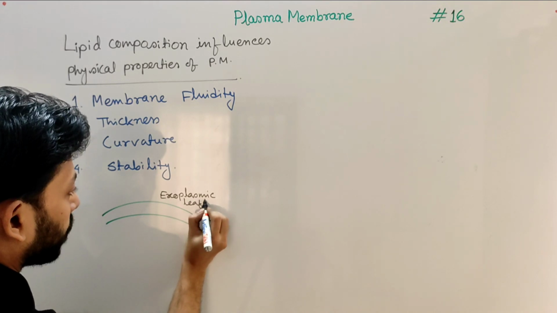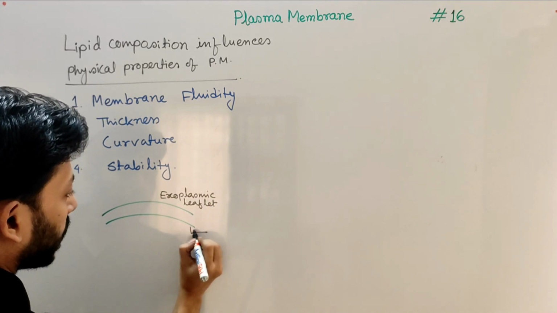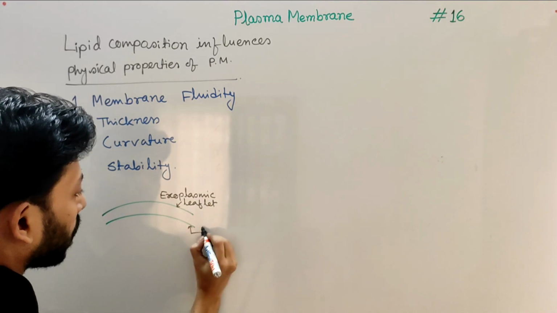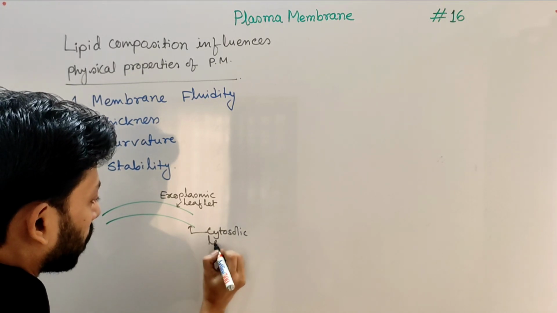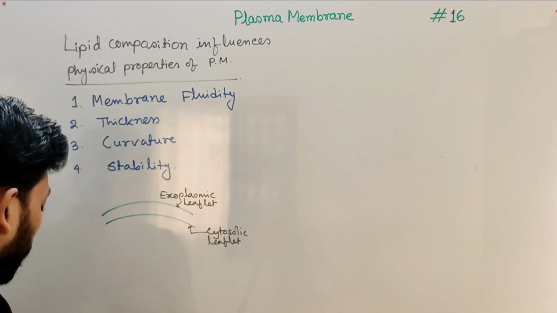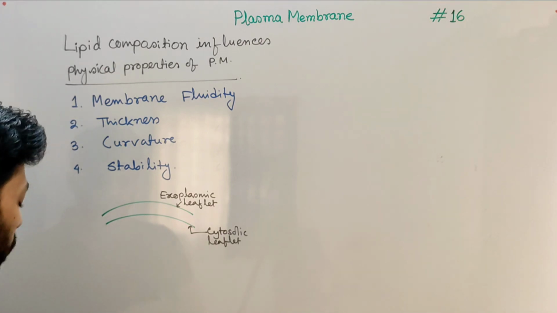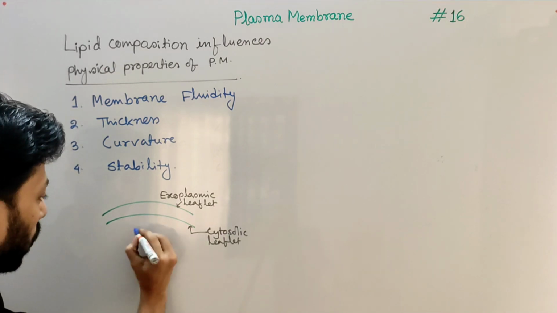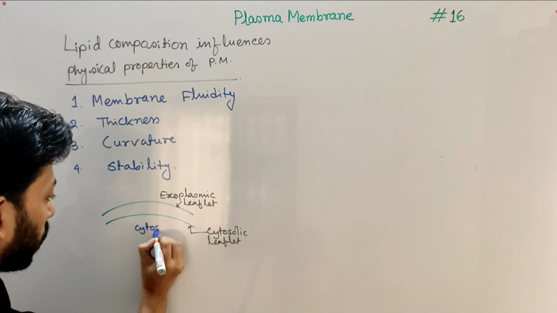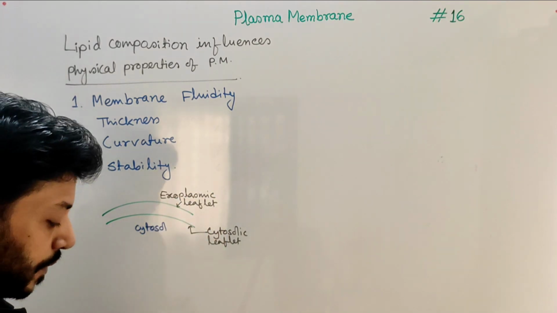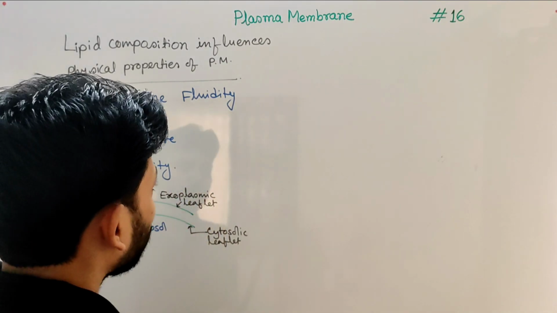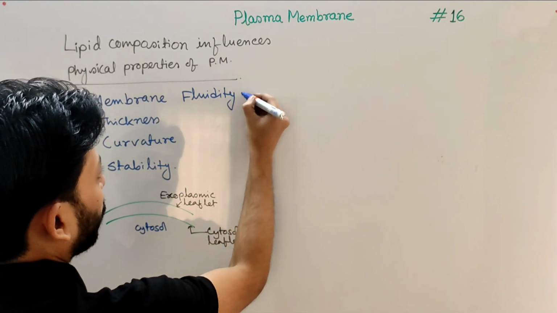And the inner lipid layer is called cytosolic leaflet. Now the inner layer, as it faces cytosol, is called cytosolic leaflet, and the outer is called exoplasmic leaflet.